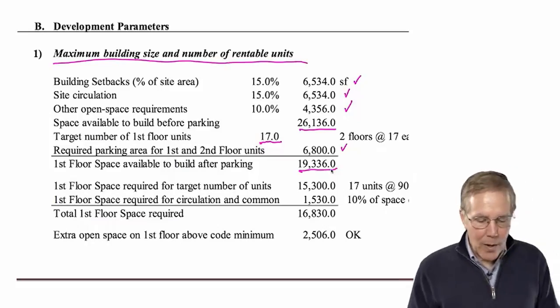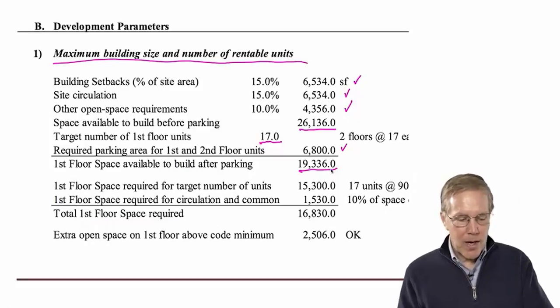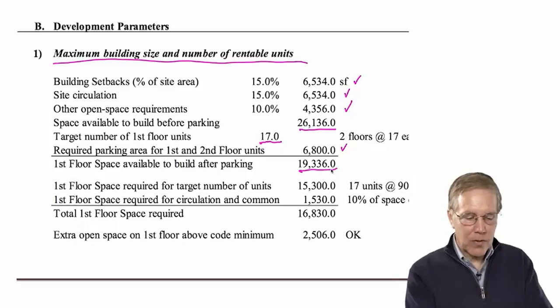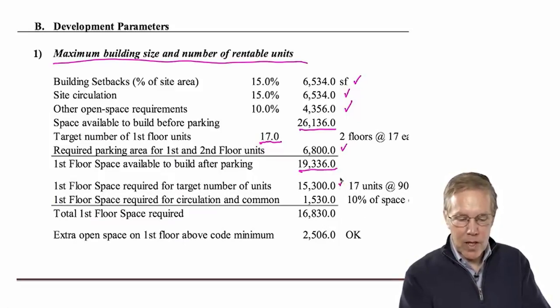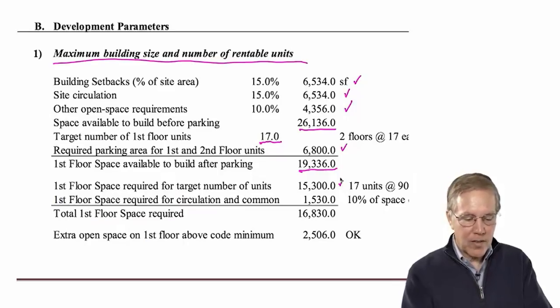What we want to compare this to is the first floor space required for the target number of units, 15,300, plus the first floor space required for circulation and common, which is 16,830.